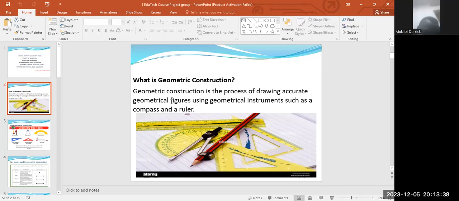For example, I've told you a house, and you have to use instruments. But in this case, the instruments we are going to concentrate on are a compass and a ruler, and we shall see as the lesson progresses. As you can see in this figure, whenever you see geometric construction instruments, for example, in this figure, we have a protractor, we have a ruler, we have a set square.